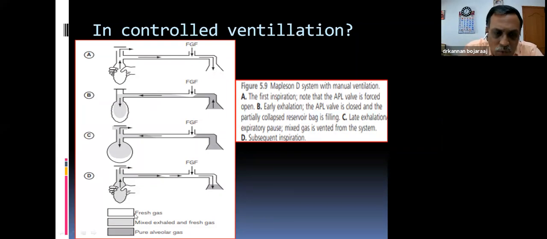See here, the pure white is the fresh gas, and the light dark shadow is a mixed alveolar gas, this one. And the very deep dark is a pure alveolar gas. That is the gas that will take part in the gaseous exchange.